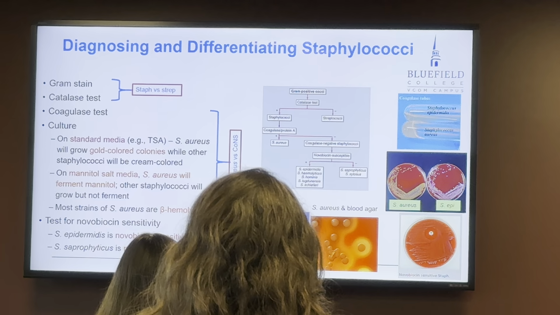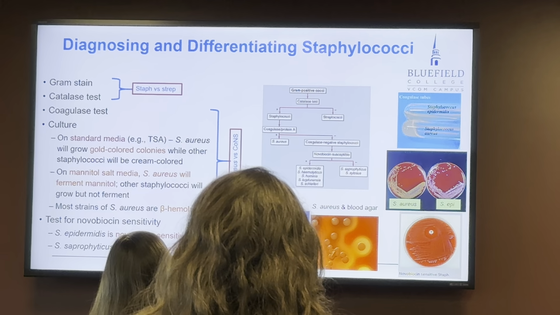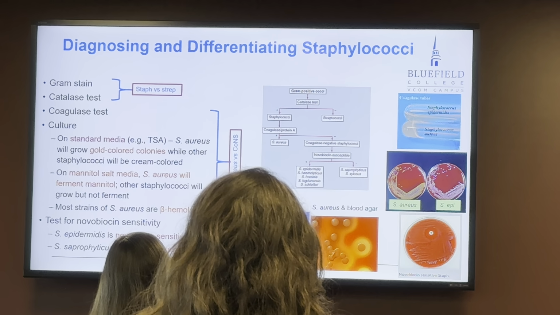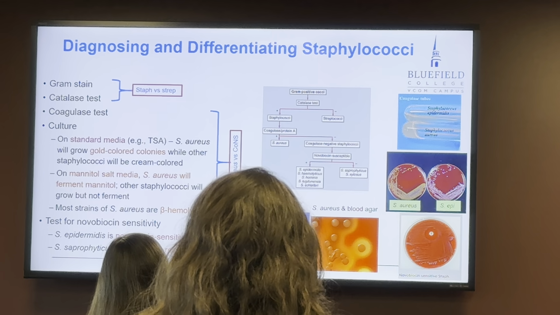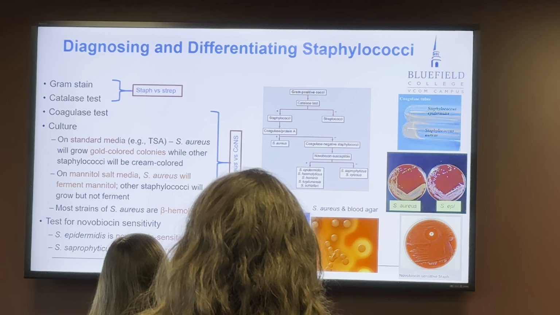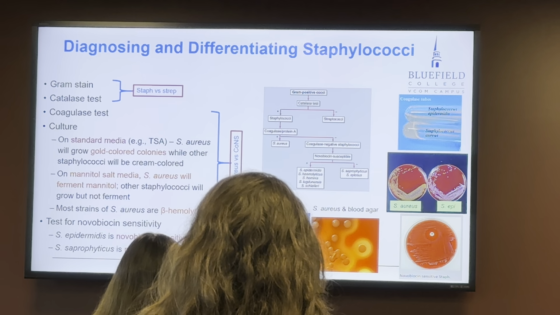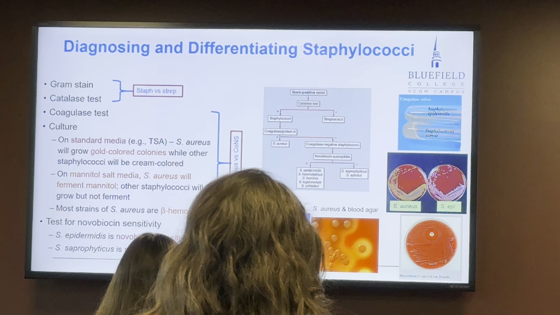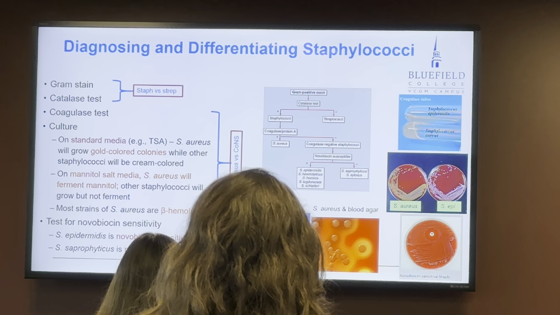Differential is where we're getting growth of both, but now you've got the color change. This would be the color of the standard mannitol before you streaked it, but it's turned yellow. Why is it turned yellow? This is Staph aureus. It can now ferment that mannitol sugar. What's an end product of fermentation? All of those acidic metabolites. What is an acidic metabolite? It's going to drop the pH.